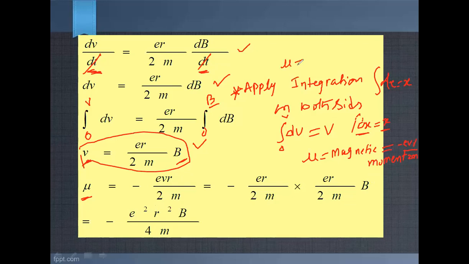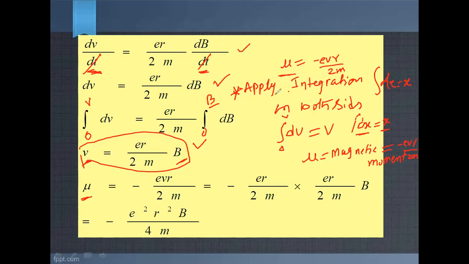In spectroscopy chemistry you are going to learn it, or else I will explain later. This is the magnetic moment when an electron revolves around the nucleus. We also learned this question in intermediate. Minus eVr by 2m, it was a very important question. So this is from our past knowledge.